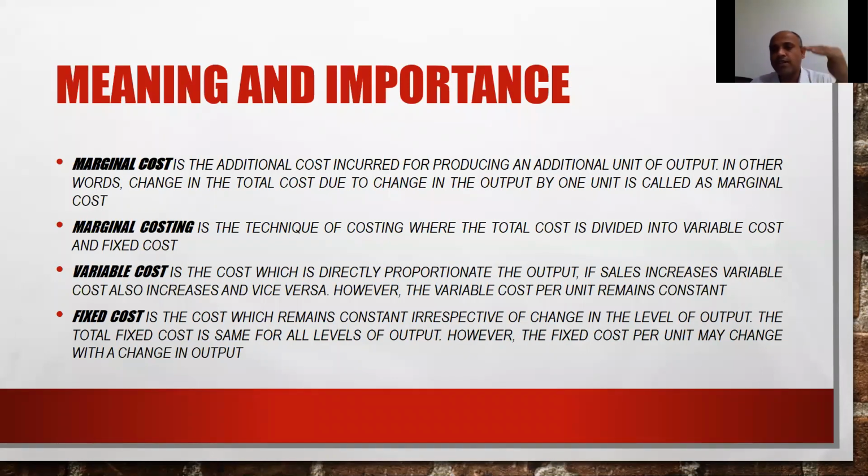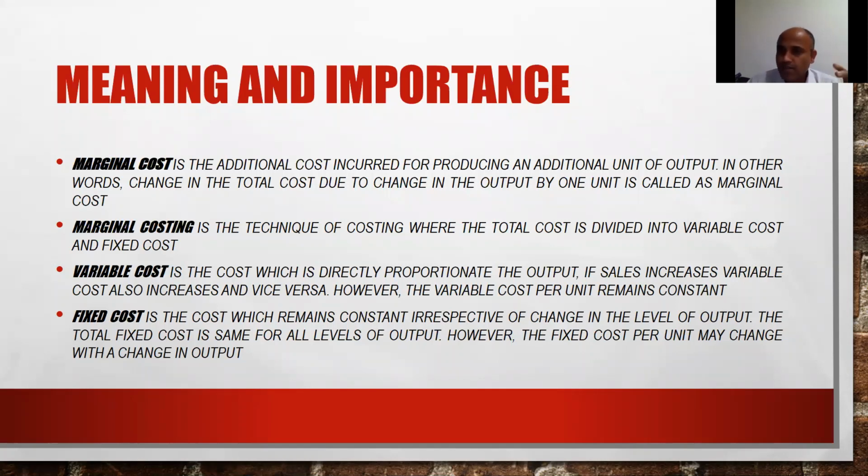When your output is increasing, total raw material cost is increasing. When the output is decreasing, total raw material cost is decreasing. So what kind of relation can we say? The material cost is directly proportionate to the output. Hence, it is changing according to the output. So this cost is what is called variable cost.